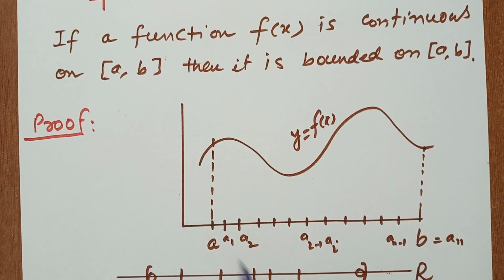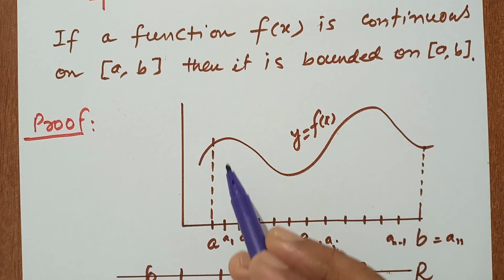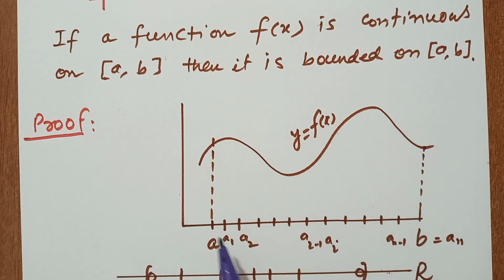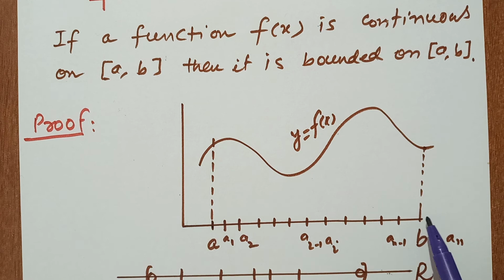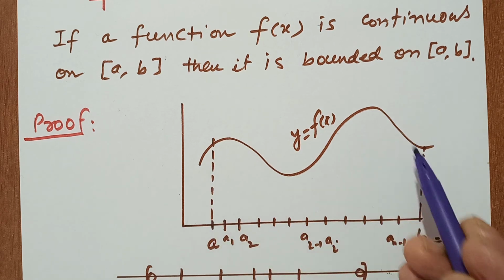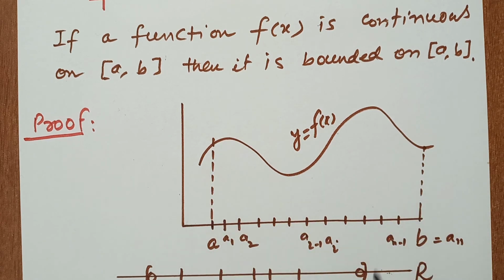Let us suppose this is the function y = f(x), continuous on the closed interval [a, b]. Then it is clear that it is bounded. Now I am going to prove this theorem.